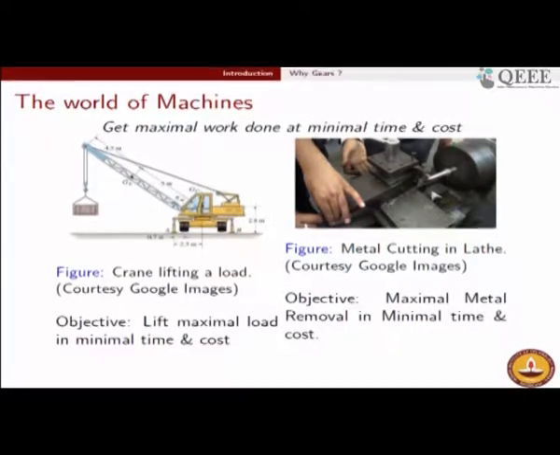You could rotate the spindle holding the job as fast as possible, or you could have a high depth of cut. Now, you can understand if the depth of cut associated with the tool is high, then the load increases. Just try doing this experiment yourself: if you increase the depth of cut, then beyond a point obviously the spindle will not be able to rotate, because the requirement of the driving torque to overcome the load will not be satisfied.